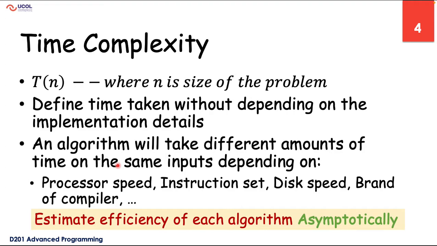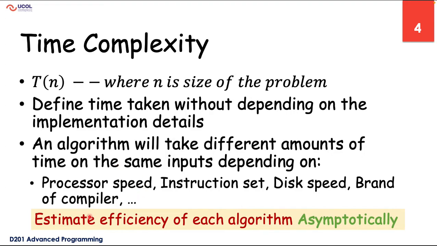Of course, the same algorithm on a high computing machine will do things quickly, and on a machine with low resources it will take a long time. So we are trying to do a theoretical analysis rather than looking at which specific machine we are running on and which programming language we are using to implement those algorithms.